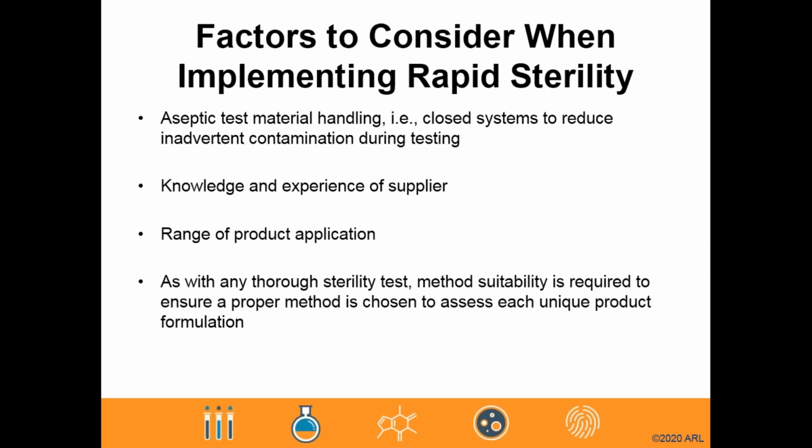Next, if you're using your own lab or a contract testing lab, as with any analytical testing, it is important that you have confidence in the knowledge and experience of the group actually running the assay. As mentioned during previous slides, various methods allow or limit types of samples to be tested, filterability as an example. You must decide if, based on your production specifics, this impacts you or your ability to achieve rapid sterility results for your entire range of products.